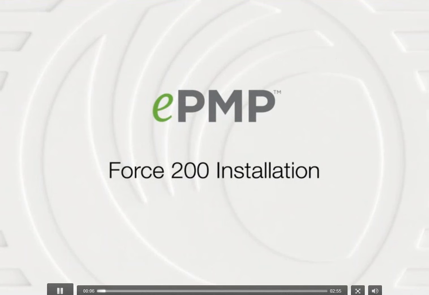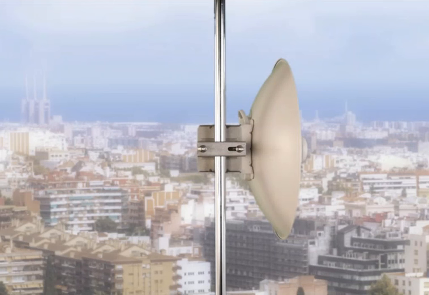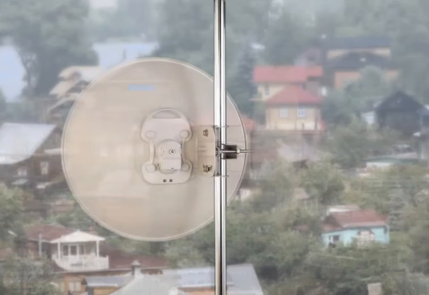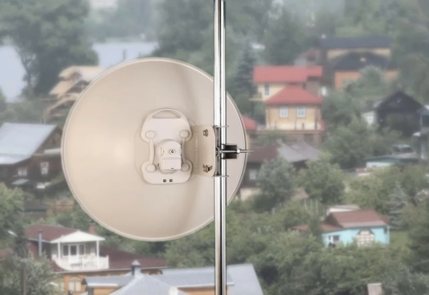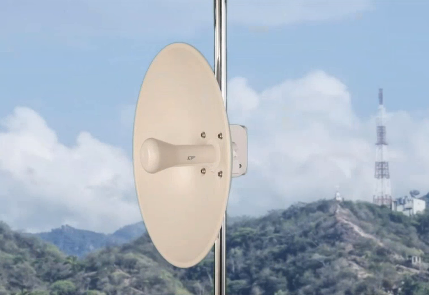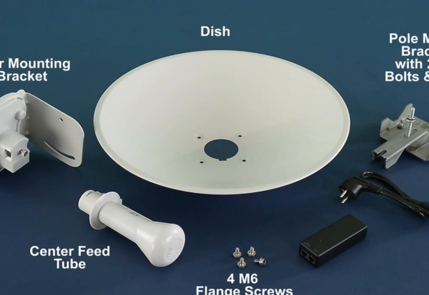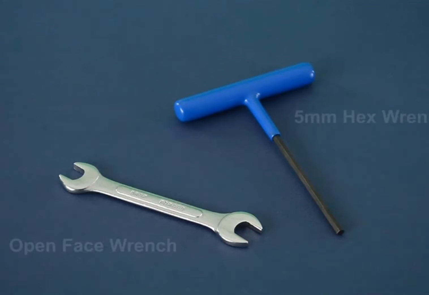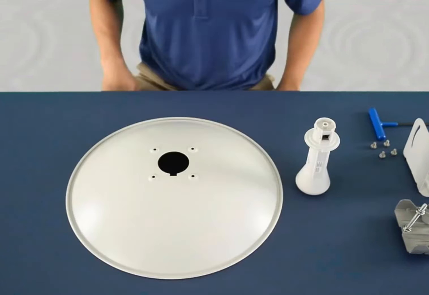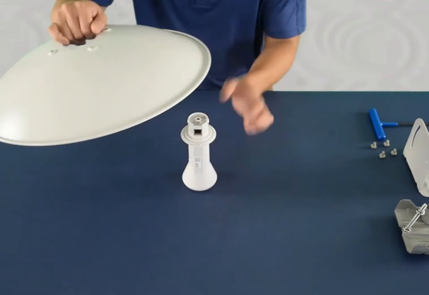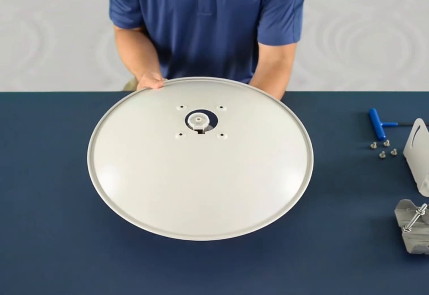Introducing Cambium Network's Force 200 series of wireless broadband solutions. This video demonstrates the installation of Force 200 equipment for optimal network deployment. Verify all parts and tools. Insert the center feed tube through the dish.